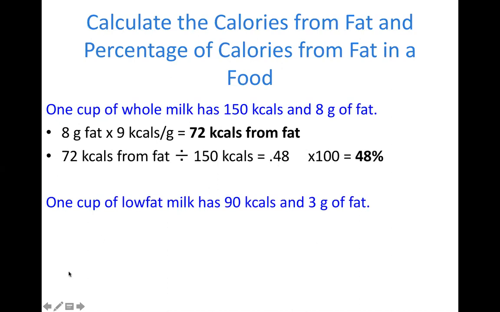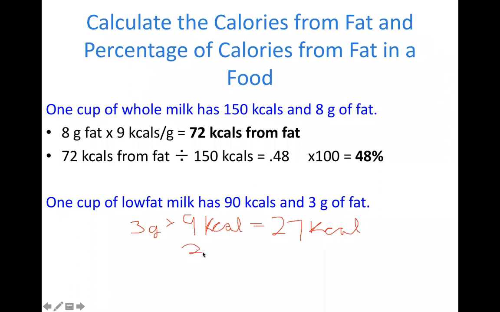So in that glass of whole milk, there are 48% of the calories that come just from the fat. If you have low-fat milk, it has a lot less calories. So what we're going to do for low-fat milk is the same thing. We're going to say there are 3 grams of fat in low-fat milk, and there are 9 calories per gram. And so we're going to get 27 calories in this low-fat milk coming from fat.